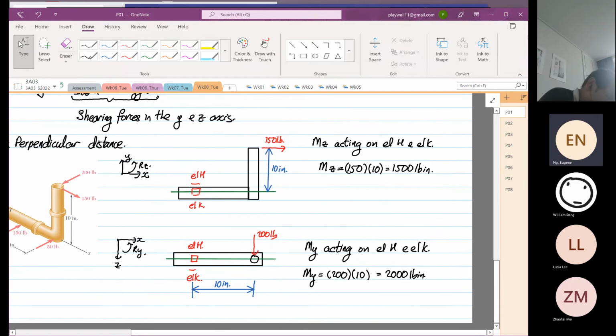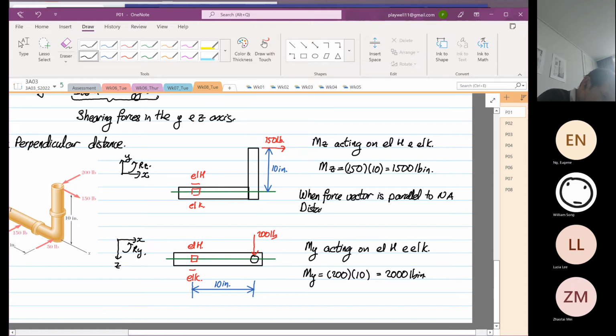When the force vector is parallel to the neutral axis, the distance is between the force vector to the neutral axis.